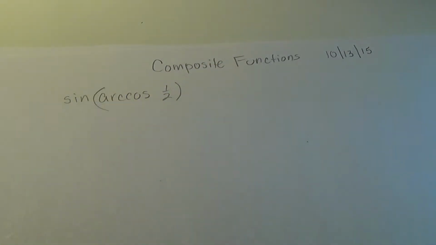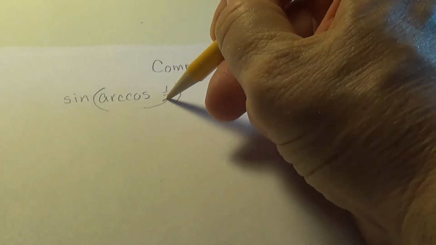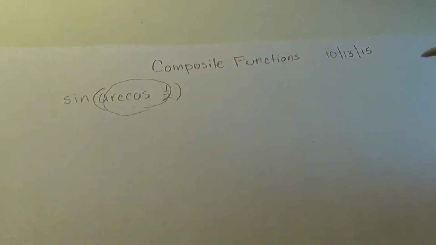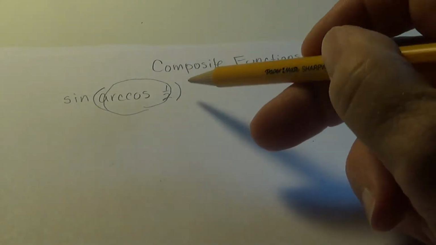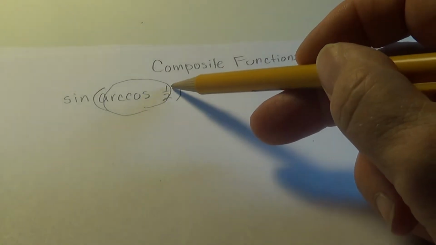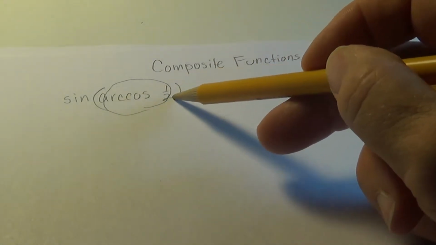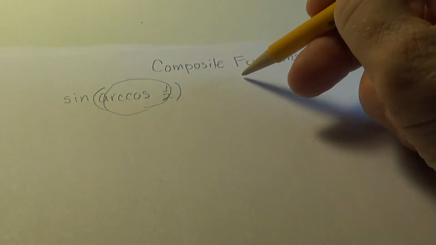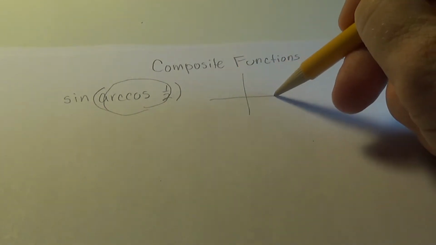So to do that, we're going to start in the inner chamber, the holiest of holies, and find the arc cosine of 1/2. Our training in inverse functions was so good that you recall this is referring to the angle that has a cosine of 1/2, and you can only look in the first and second quadrants.